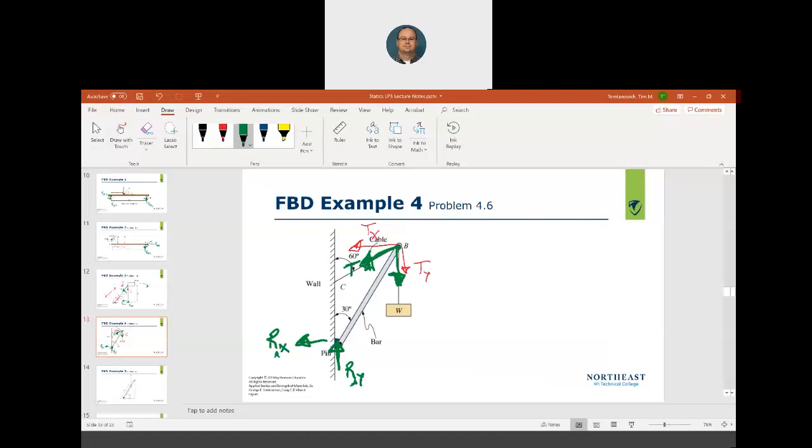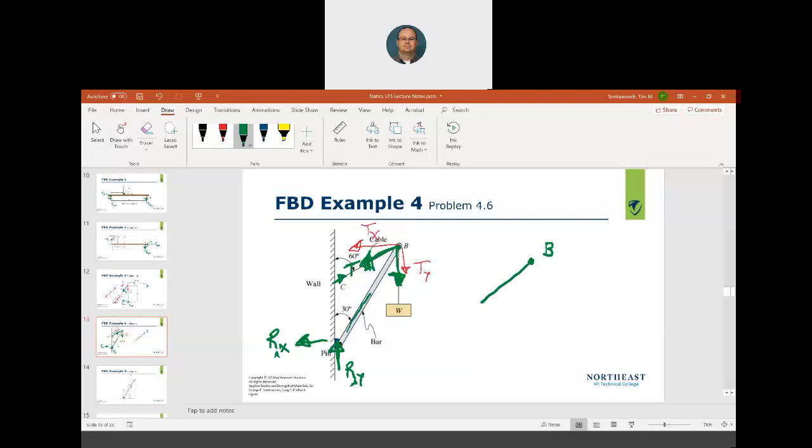Okay, now if I look at the wall, it's this way. Okay, so if I wanted to solve, I go to point B right here. That's this boom right here.